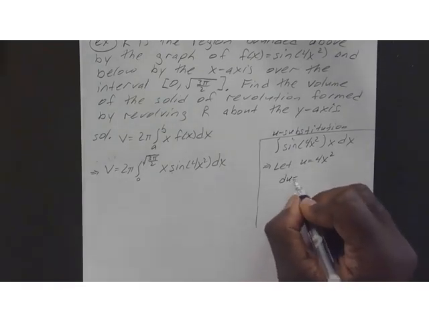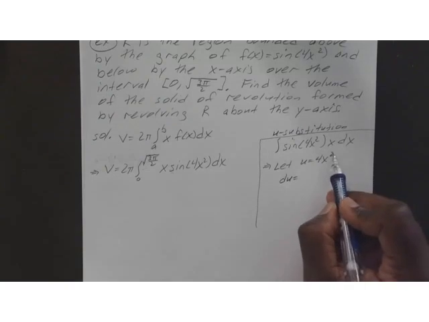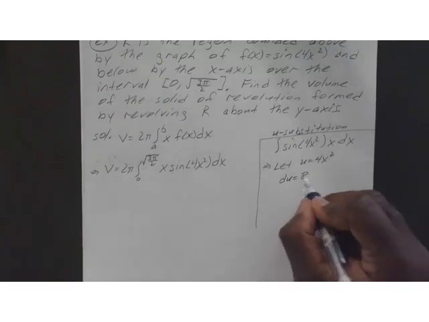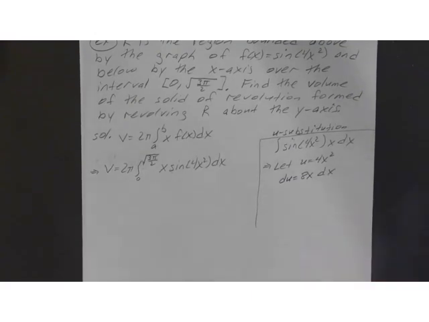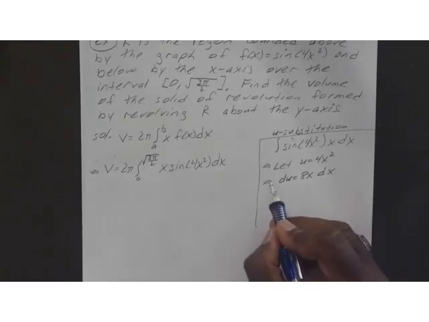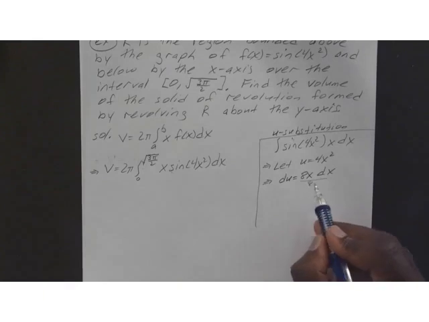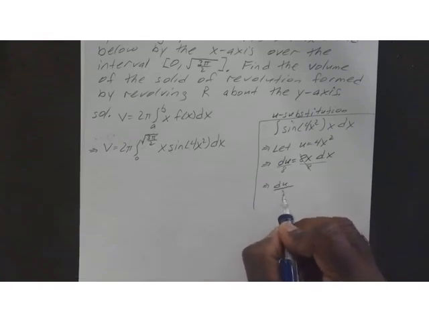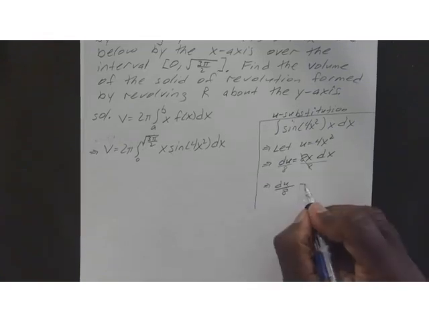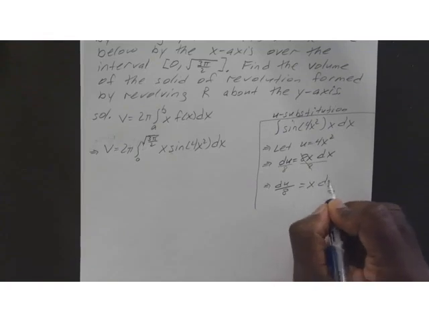So the derivative of u in differential form, using the power rule, we bring down the 2, so that's 8x with respect to x. So if we divide both sides by 8, we have du divided by 8 is equal to x dx.